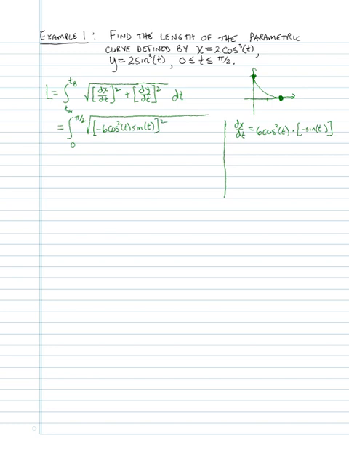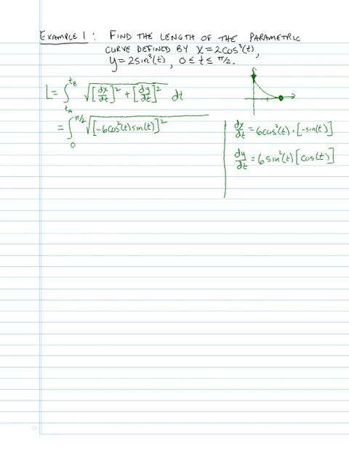I'm going to run out of space, it looks like. On the other hand, the derivative of y with respect to t: y is 2 times sine cubed t, that's sine of t all being cubed, so we have a power on sine of 3. When we take the derivative, we write that exponent 3 times 2, which is 6. We reduce the power on sine by 1, so now we have sine squared. But using the chain rule, we have to multiply by the derivative of sine of t, which is just cosine of t.